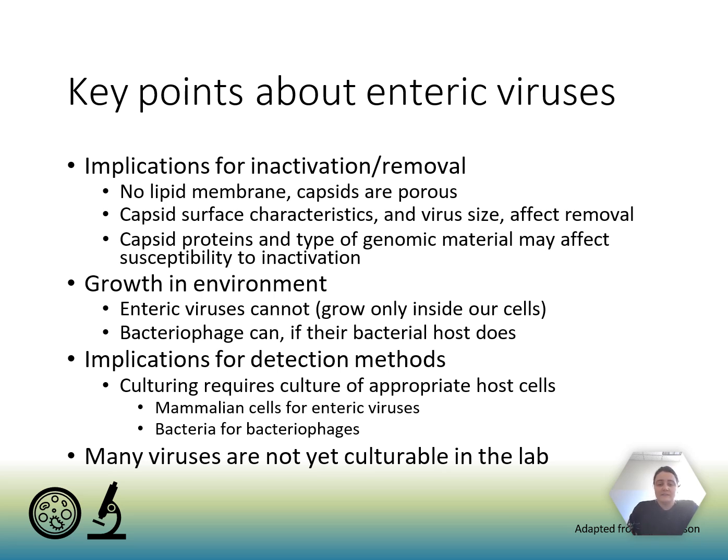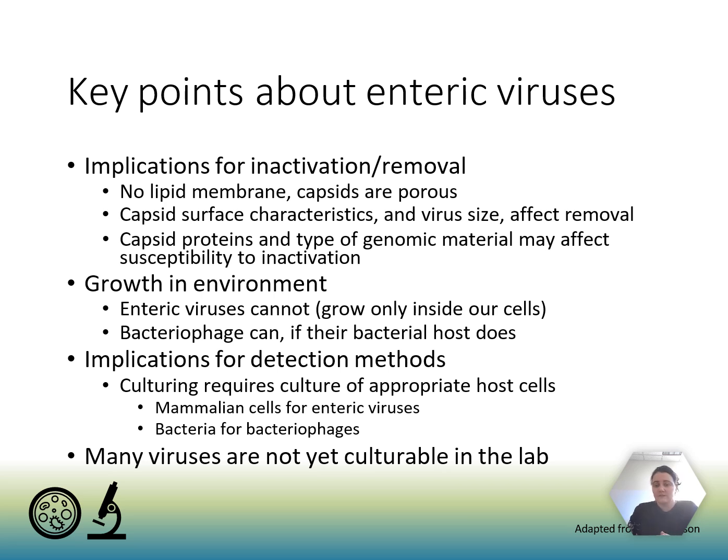One thing about viruses is that they can't grow without cells, so they need a host cell, and that's really important. They don't just grow in the natural environment, they must have a host cell. That's what it means to be an obligate parasite. If we're going to try and detect viruses, we need to be able to detect the host cells of the viruses.